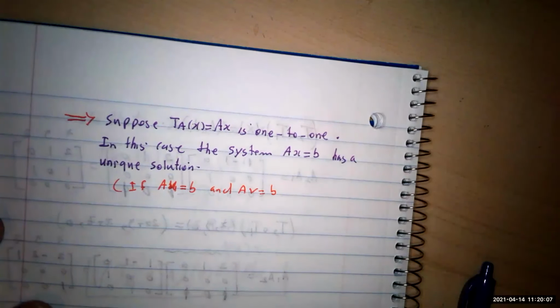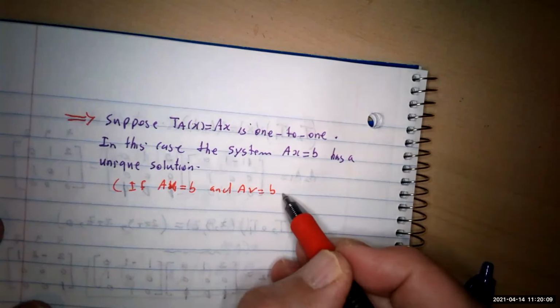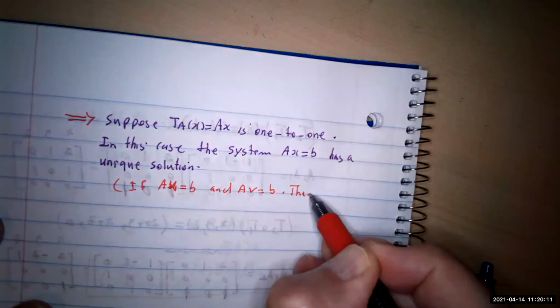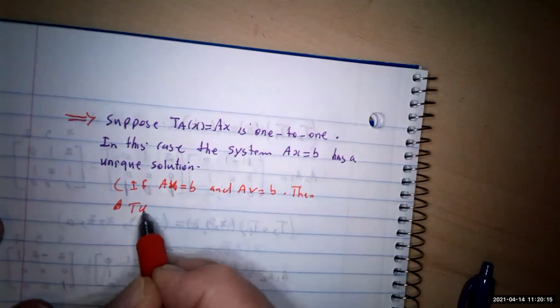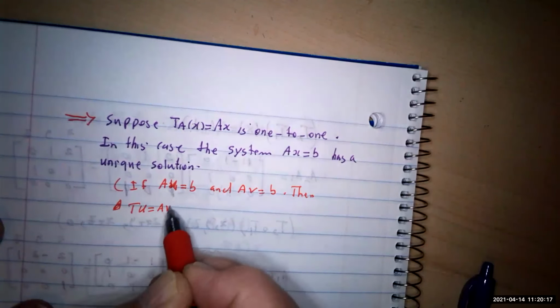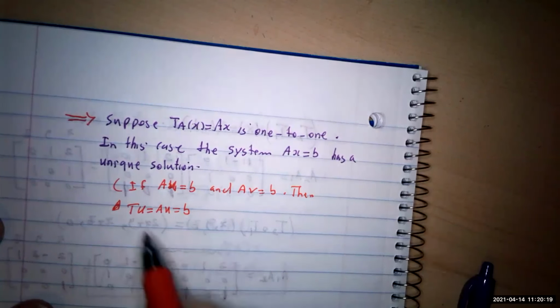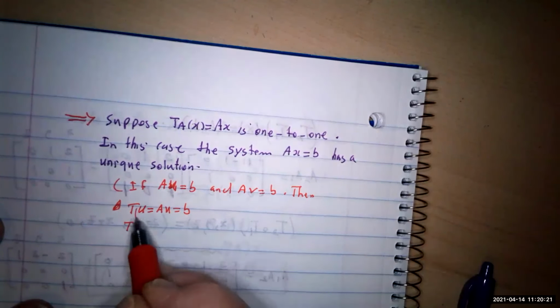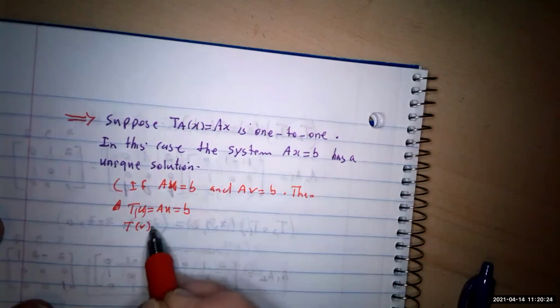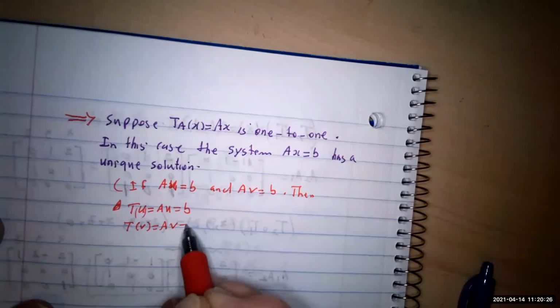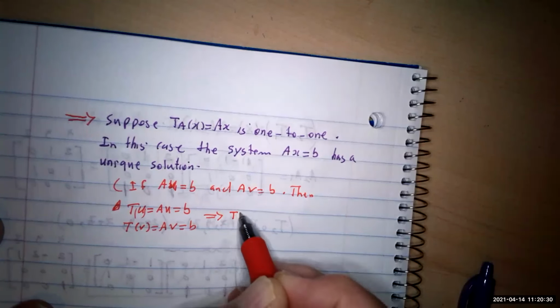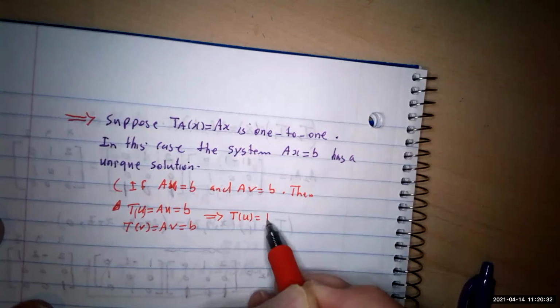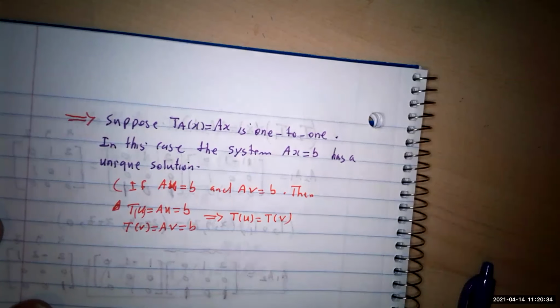So what does it mean? This means T of u is equal to A of u, which is equal to B. T of v is equal to A times v, which is equal to B. So this means T of u is equal to T of v.